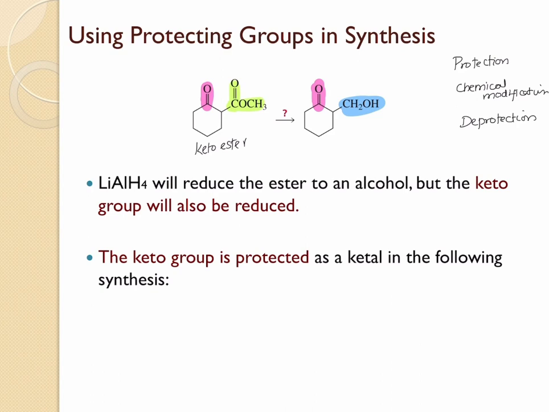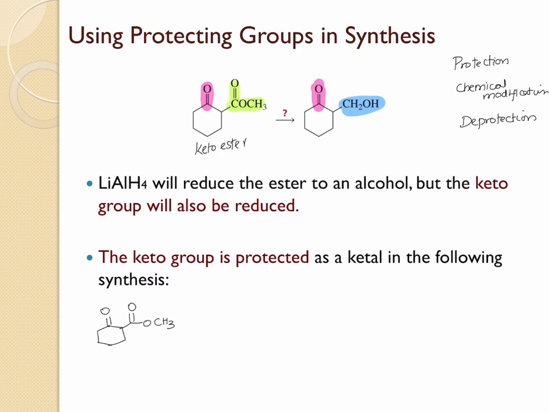So let's see how this synthesis is carried out using the protecting groups. So let's write down the keto ester that we have. This is the keto ester. To begin with, you're going to do the protection. So we needed to protect this group. In which case we can use 1,2-diol or 1,3-diol.